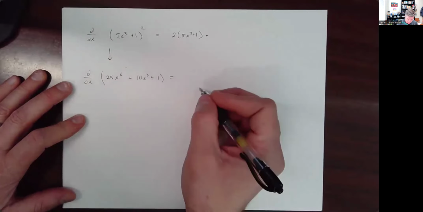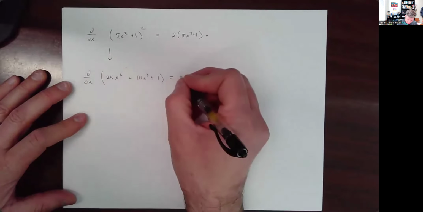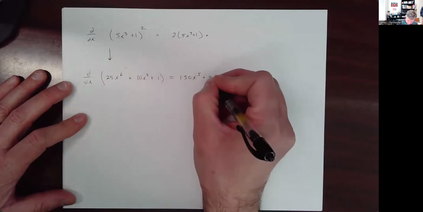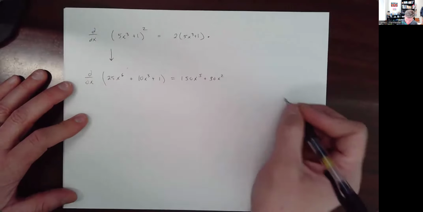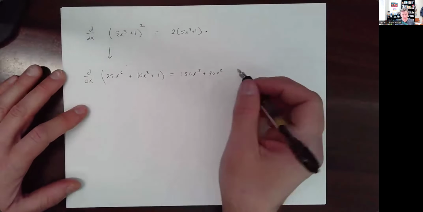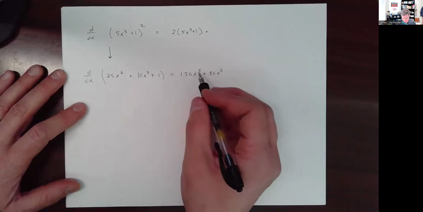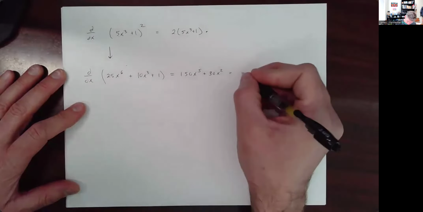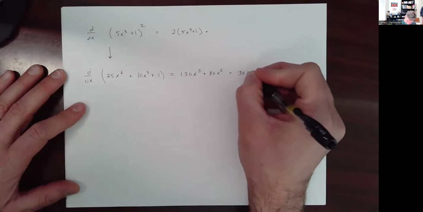Take the derivative of that, you're going to get 25 times 6, which is 150x to the 5th, plus 3 times 10, 30x squared. And now I'm going to do this in a weird way. I'm going to factor out the biggest thing I can, which is a 30x squared.